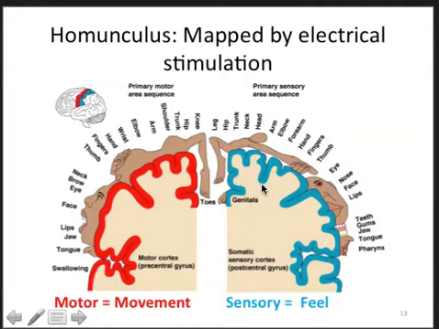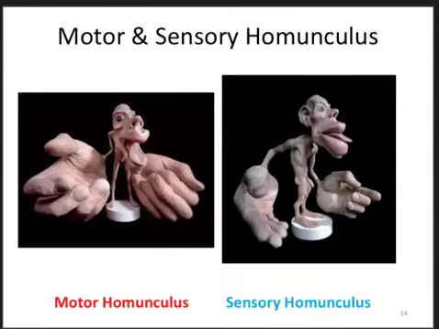And so when we look at these dimensions, what we find is that they will form a very unusual looking human body if we put these together, called the sensory and the motor homunculus. So let's take a look at what that looks like. And here you can see the motor homunculus on the left and the sensory homunculus on the right. And notice that the proportions on the bodies of each of these are going to represent the amount of surface area on the cortex of the human brain that are dedicated to each of these functions.